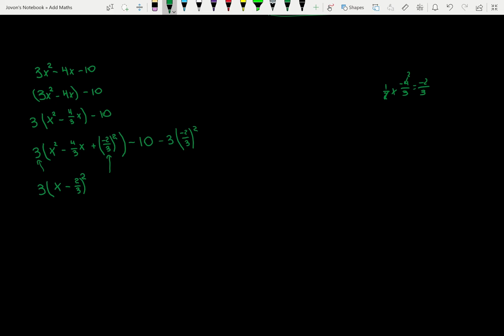So basically it is x plus the term in the middle, half the coefficient of x, okay? Now what this really is, is x plus minus 2 over 3, okay? Remember, a plus and a minus makes a minus. So it becomes x minus 2 over 3 all squared, okay? Minus 10 minus 3 multiplied by minus 2 over 3 squared.